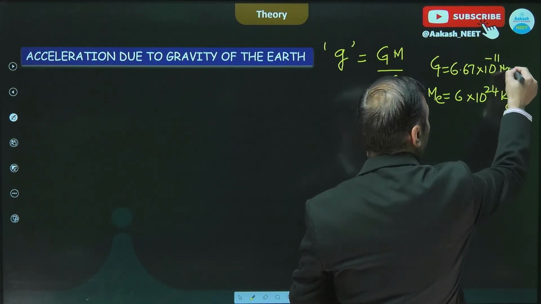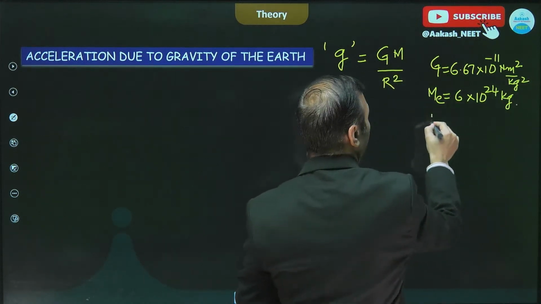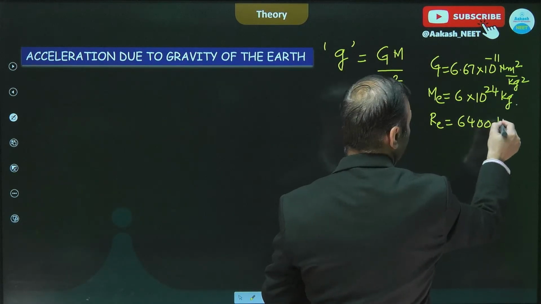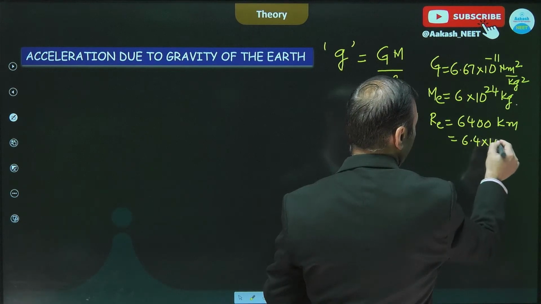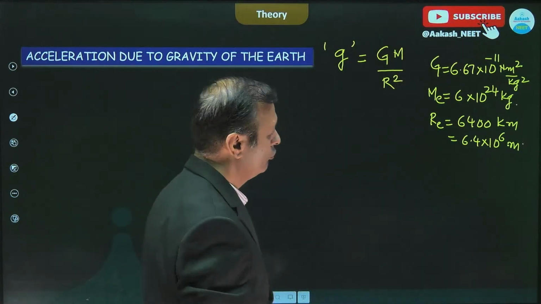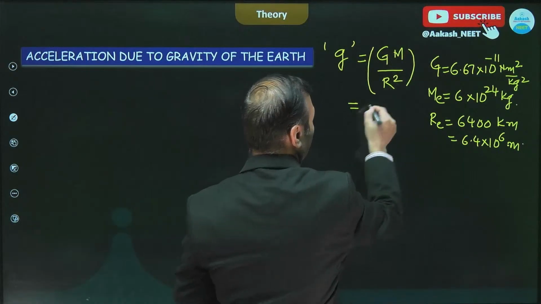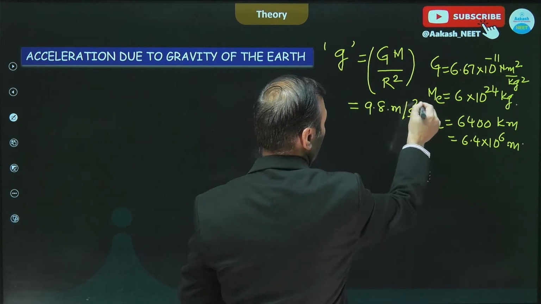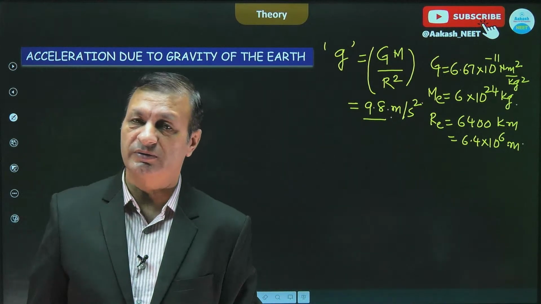So this is Newton meter square per kg square, and the radius of earth is 6400 kilometers, which we can write as 6.4 into 10 to the power 6 meters. And when you put all these values in this expression, that will give you the precise value of acceleration due to gravity as 9.8 meter per second square.